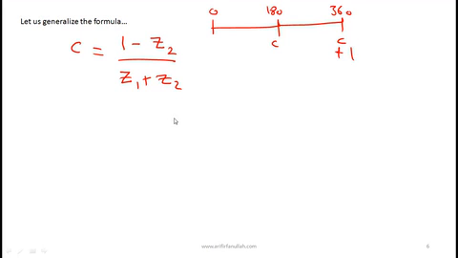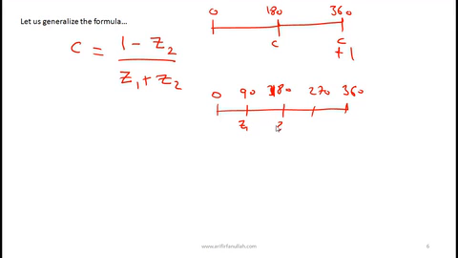Now, to generalize this even further, is it possible that you have a bond that has quarterly payments? That's what Schweser does. So, in the Schweser example, you will have quarterly payments like this, 270 and 360. So Z1 is the discount factor for each quarter, and then the formula becomes what?